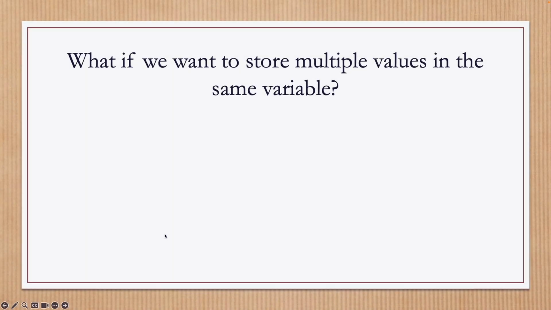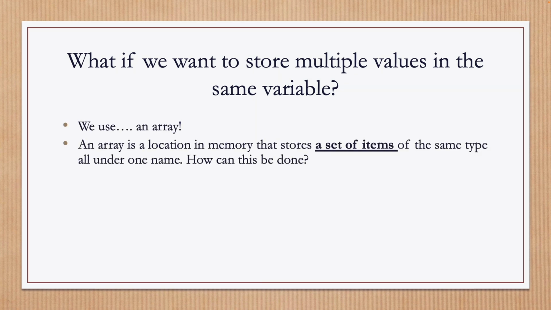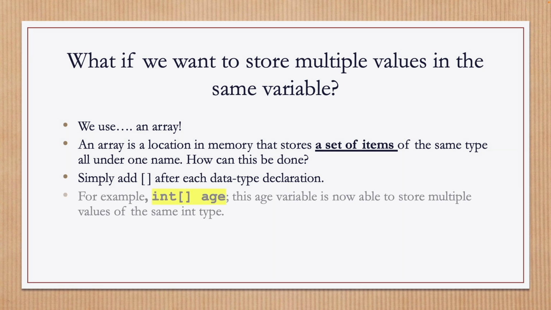So what if you want to store multiple data values in the same variable? That's when we use an array. An array is a location in memory that stores a set of items of the same type, all under one name. And how can this be done? We're going to be adding a set of square brackets after each data type declaration.